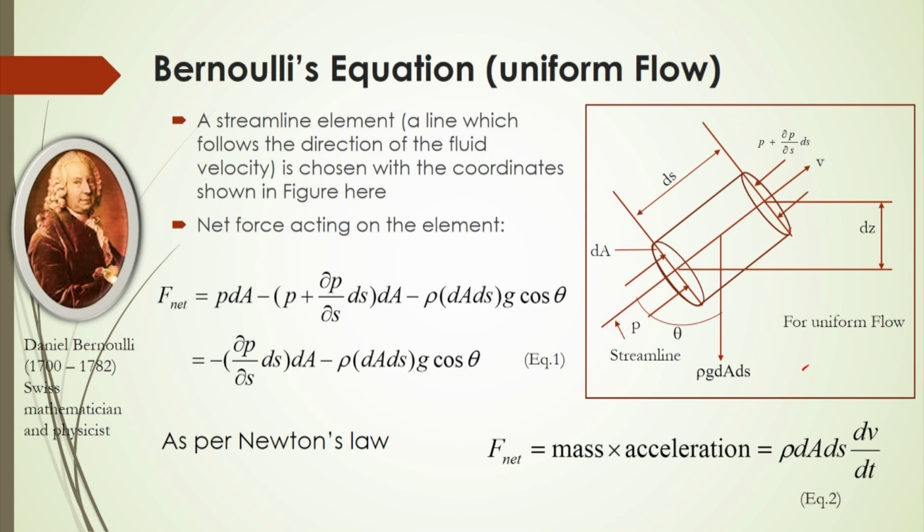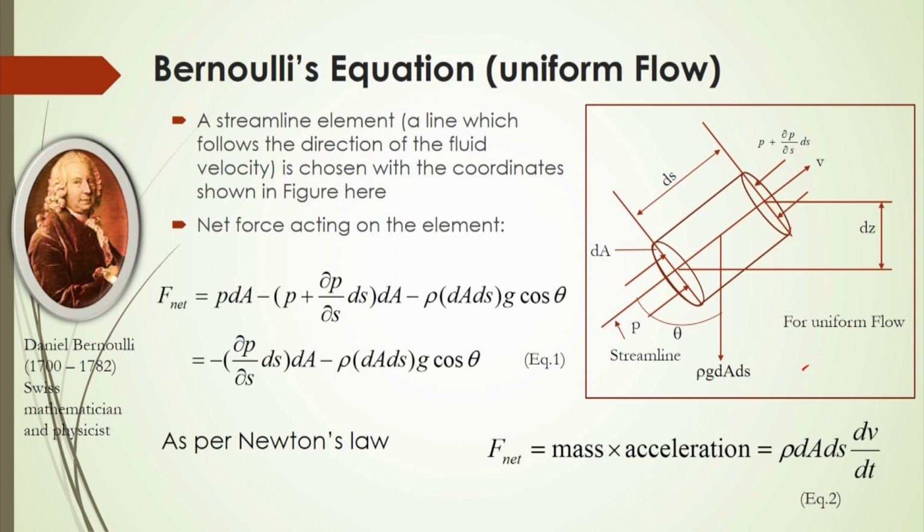In that condition, the cross section at this point of the pipe is dA, and at this other point the cross sectional area is again dA. The length of this fluid element is ds, and these are the streamlines, with a uniform velocity v.